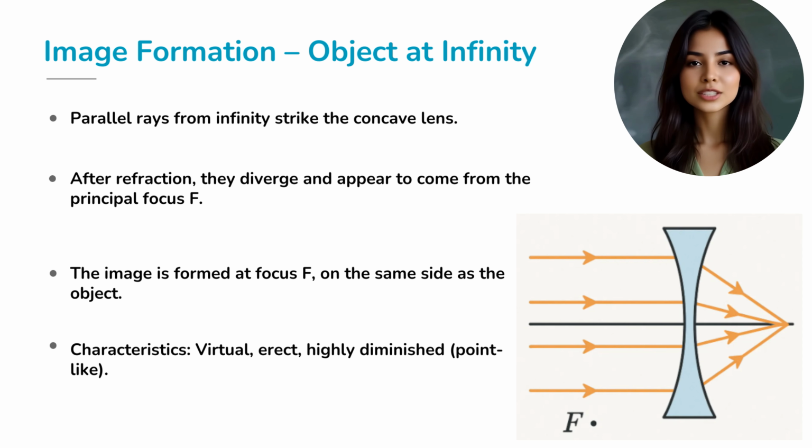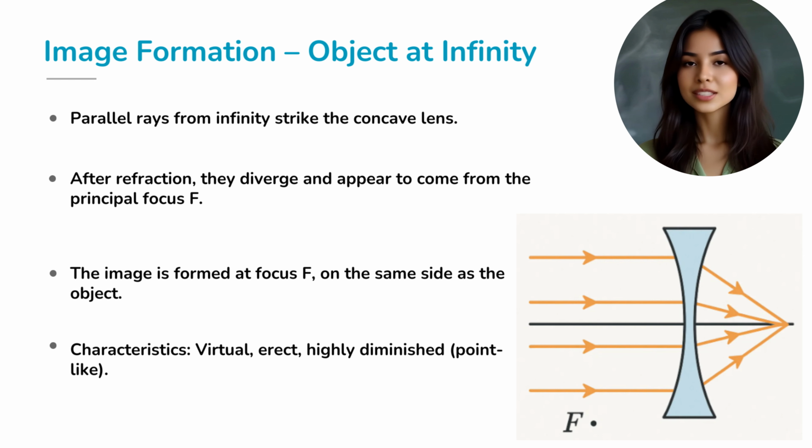Alright, let's take a step into the world of lenses again, but this time we are working with objects at infinity. Sounds dramatic, right? But all we are doing is looking at an object far, far away, like a star in the sky. So here's what happens. Parallel rays of light come from infinity and strike our concave lens.